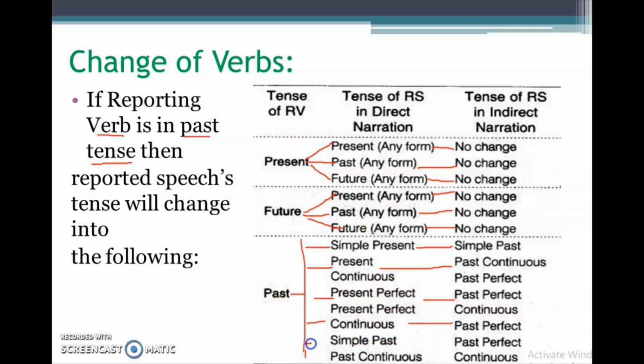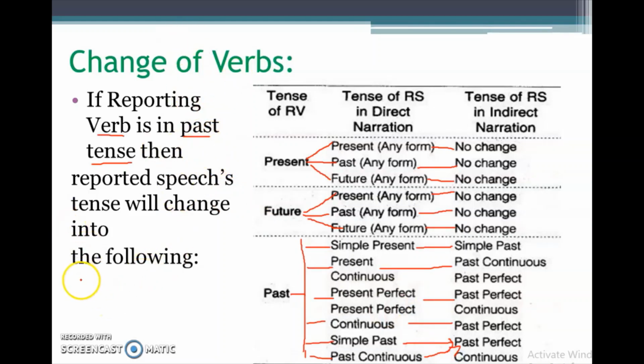If there is simple past, we will change this into past perfect. If there is past continuous, we will change it into past perfect continuous, and past perfect continuous tenses or verbs are not changed. This was the rule for the change of verb if there is past tense.